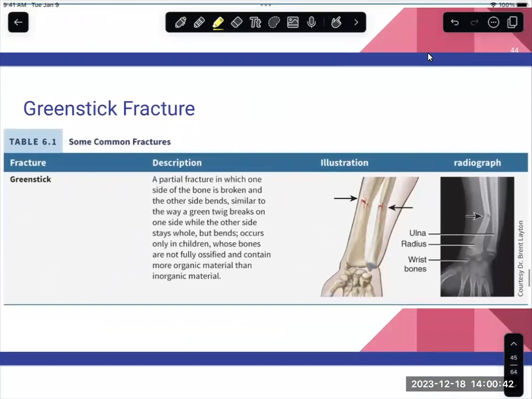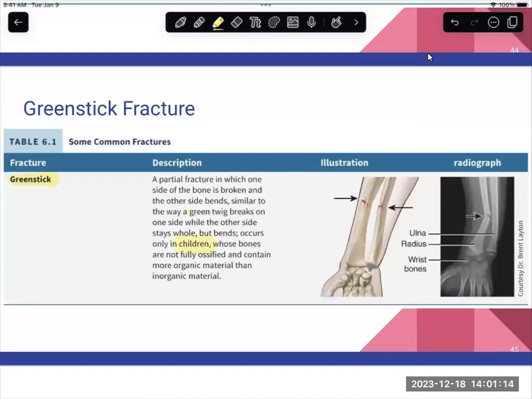Green stick. Past question. If you've ever, when you were a kid, played with a stick that was still green inside, you notice how you could bend that stick and it'd kind of peel before it'd actually break. It'd take a lot to break those because they'd just peel instead. That's what a green stick fracture is, and it's most common in children.